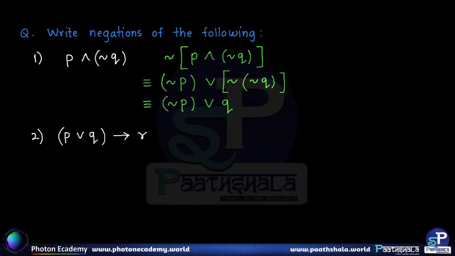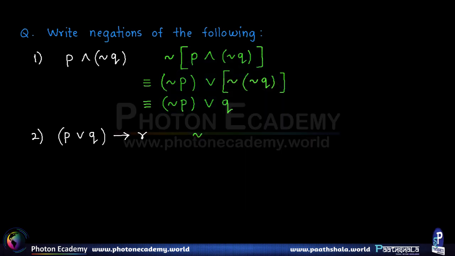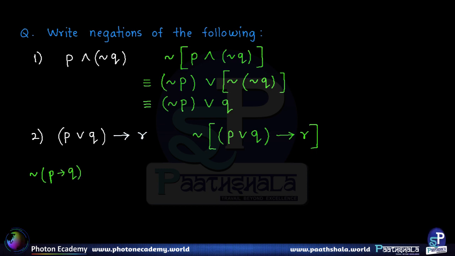Now the second is negation of P or Q implies R. On a high level, you see that it is the implication, the negation of an implication. If you just remember, the negation of implication, that is P implies Q, was P and negation Q. That means the first part and negation of the second part.